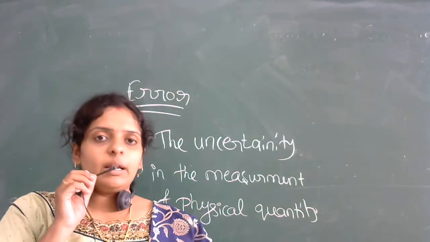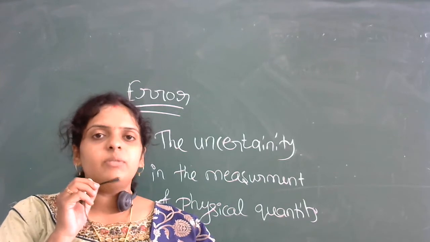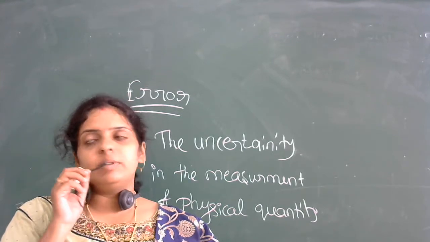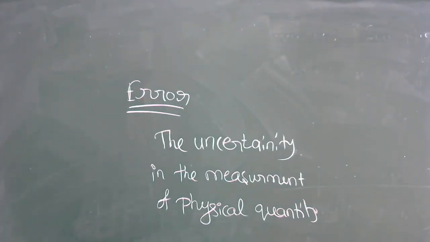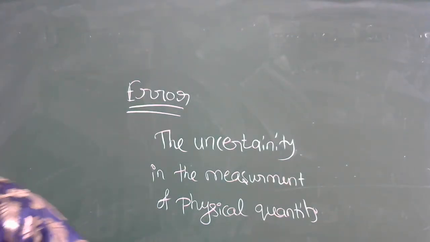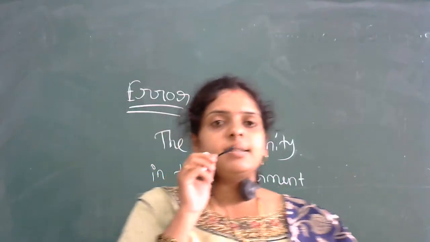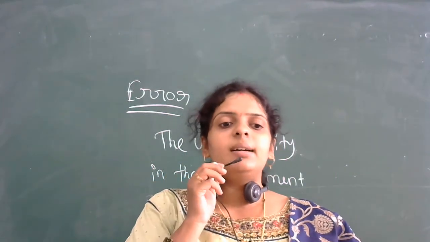If you understood what error is, we will see the types of error. Mainly we have two types of error, systematic error and random error.